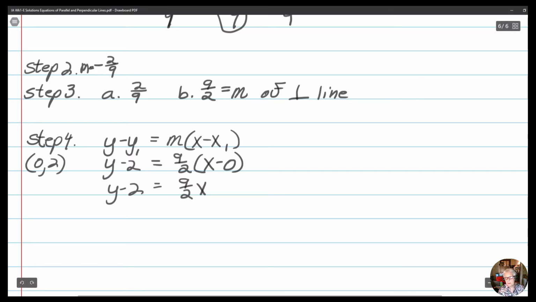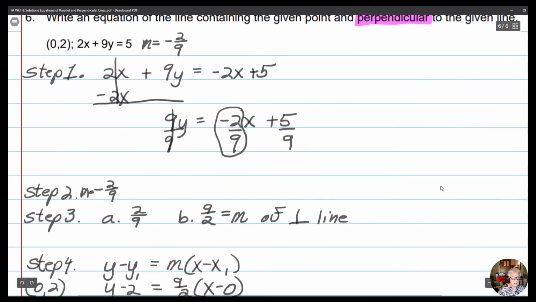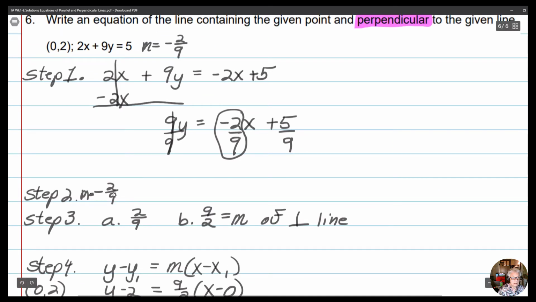Now add 2 to both sides. y equals 9 over 2 x plus 2. Now, go back here, negative 2/9, change it to positive, then flip it. 9 over 2. That was correct.